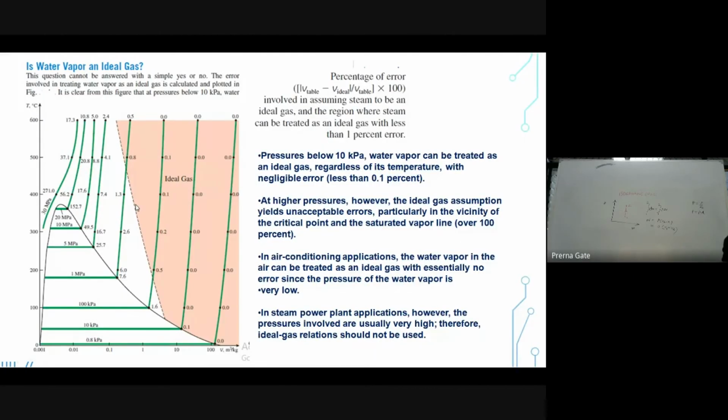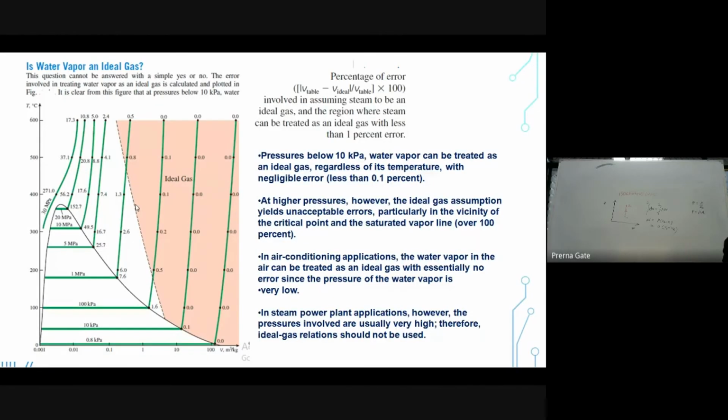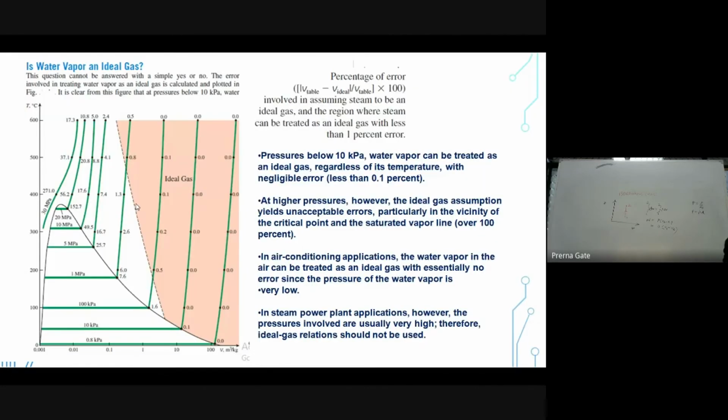Now, in air conditioning applications, the water vapor in the air can be treated as an ideal gas with essentially no error, since the pressure of the water vapor is very, very low.